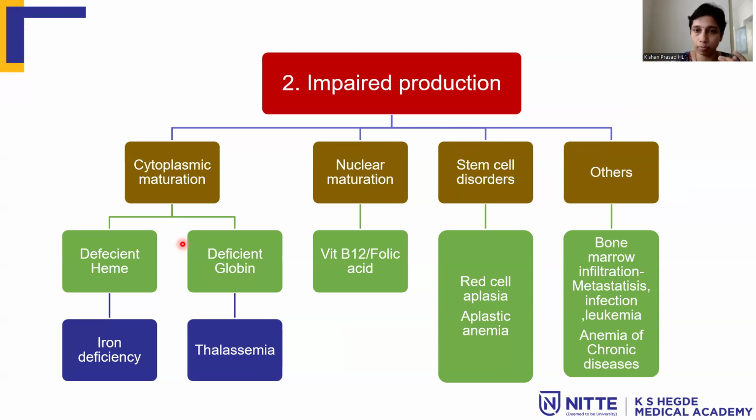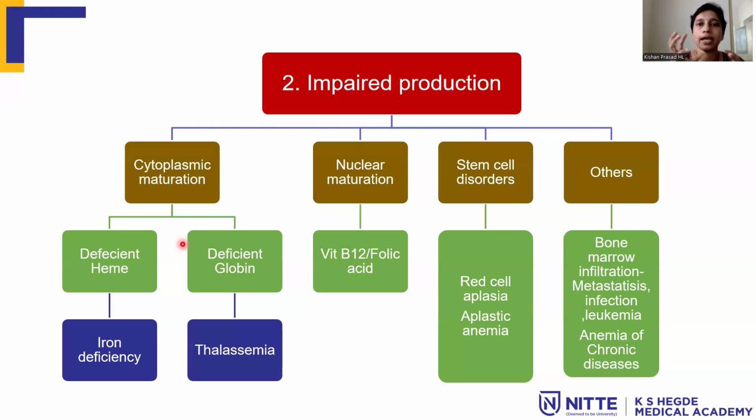There is erythroblast, early erythroblast, intermediate, late erythroblast. So in that step, we have RBC precursor, which is having nucleus. So in stepwise manner, to undergo maturity, we have to have cytoplasmic maturation and nuclear maturation.